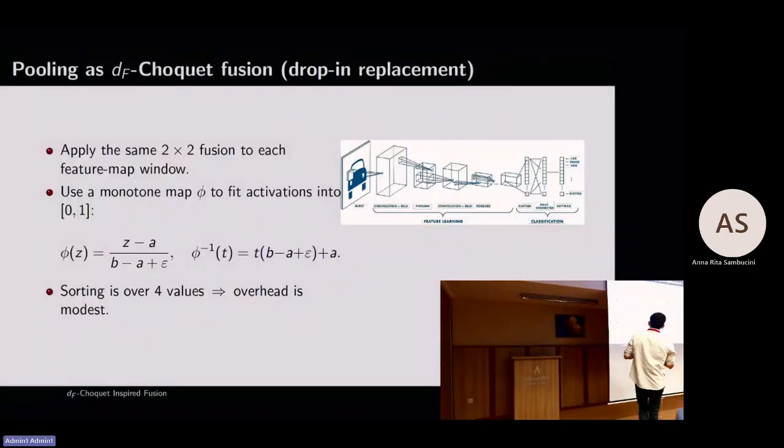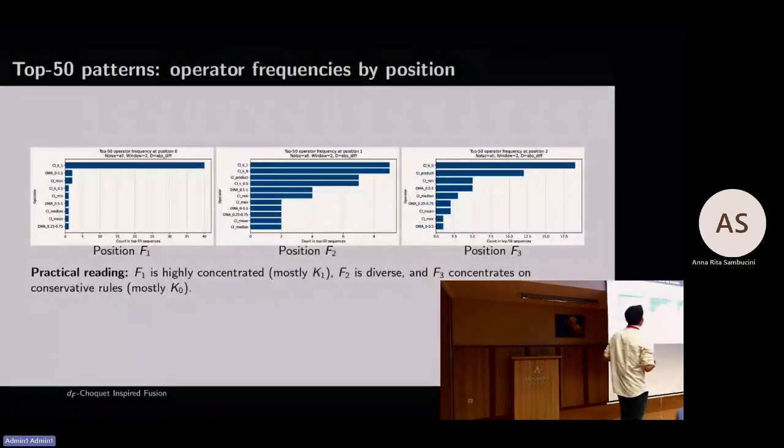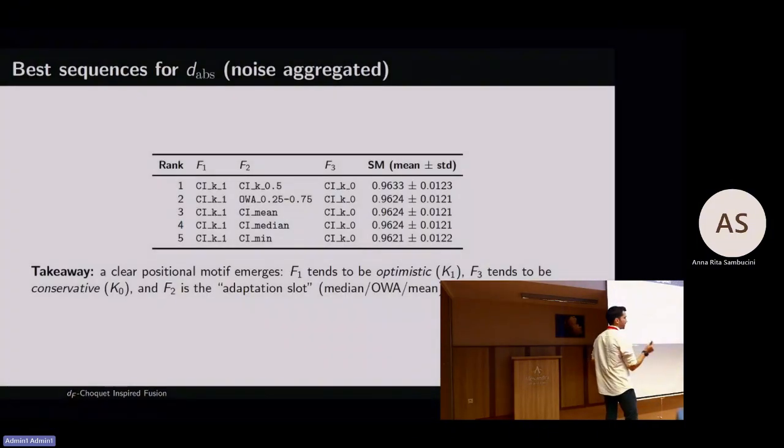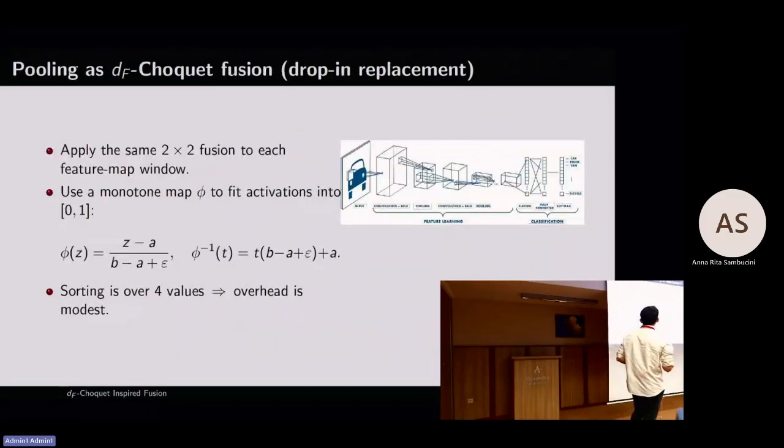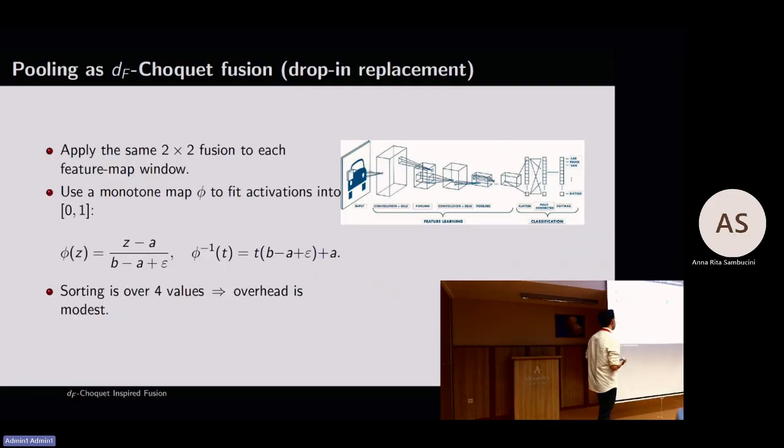Because these functions usually work in the 0-1 interval, but in neural networks we have real values. So first of all, in the pooling layers, we have to map the feature map into a 0-1 interval, and after that we take that map back to the original range. So we are using that monotony, and in our implementation we use the min-max functions.